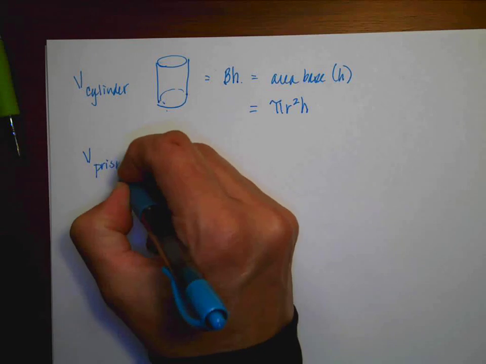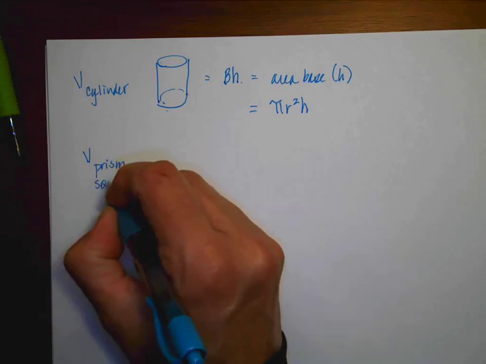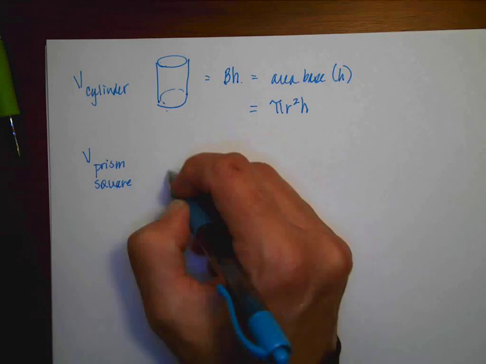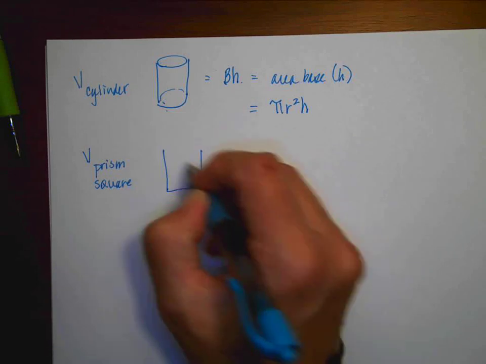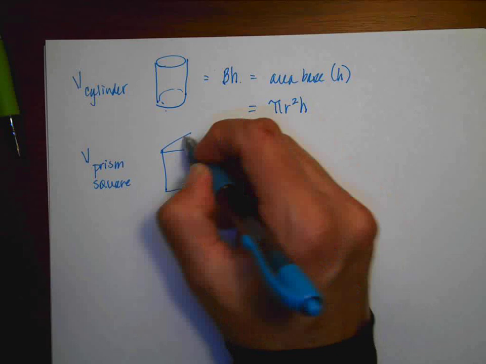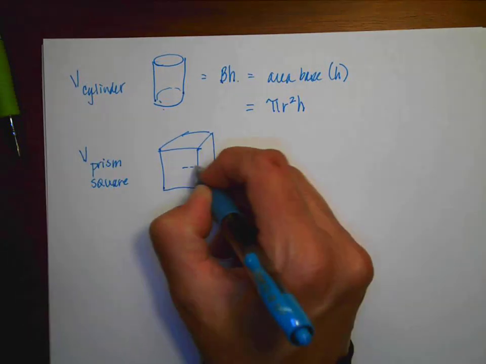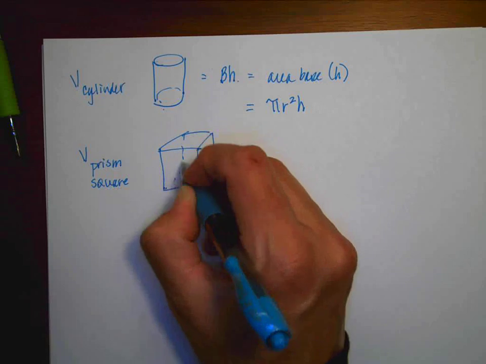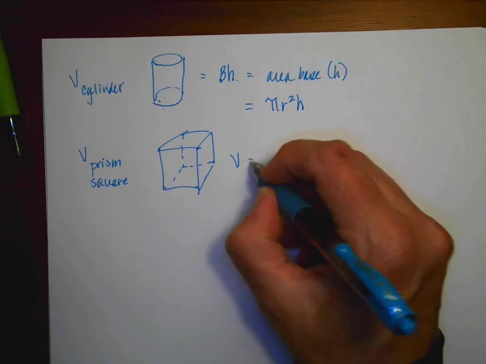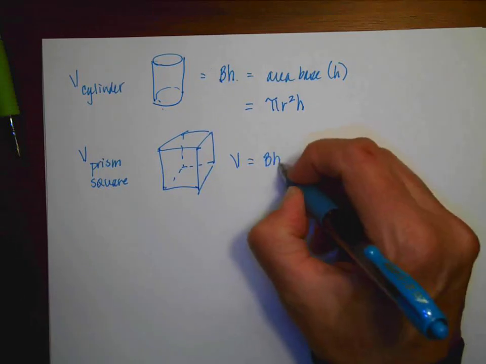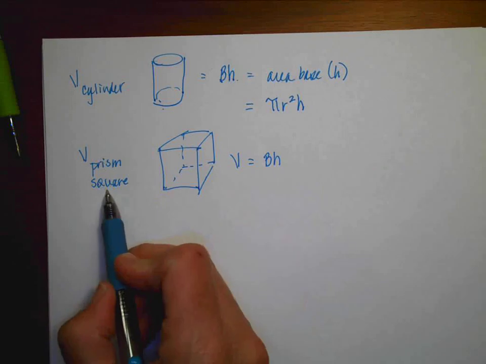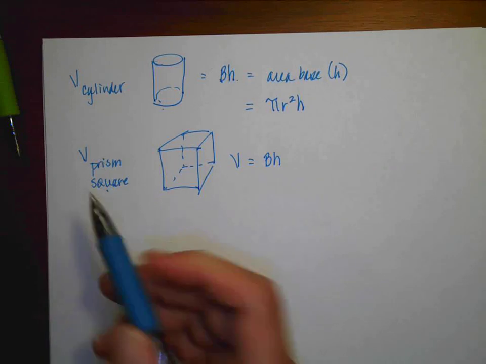So let's say I want to do the volume of a prism. And for this particular case, let's say it's a square prism. So that's going to look like this. Here's my cute little guy, and he's going this way. Well, the volume, and I'll put this in here so we can see, is still going to be the area of the base times the height.